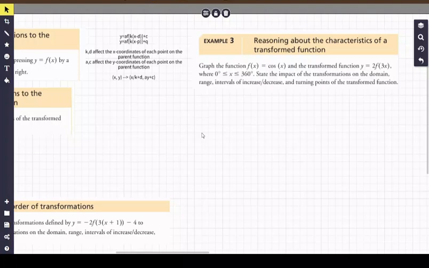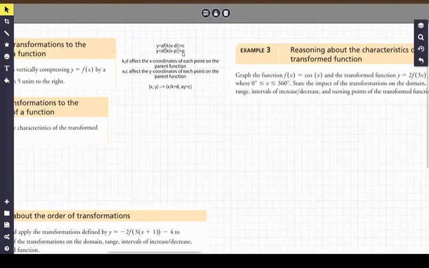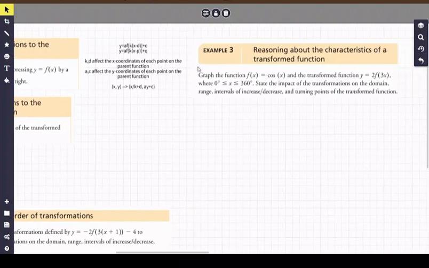State the impact of the transformations on the domain, range, intervals of increase and decrease, and turning points of the transformed function. So when we're talking about trig functions, our k value has a different meaning. Instead of the k value impacting x directly, we're actually changing our period.